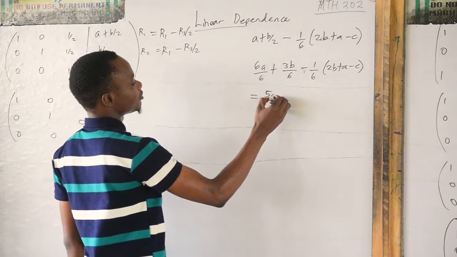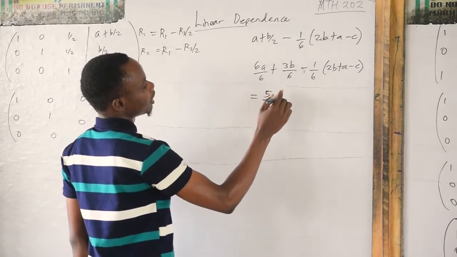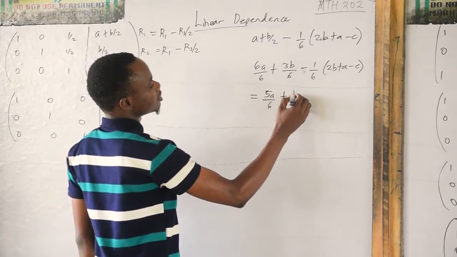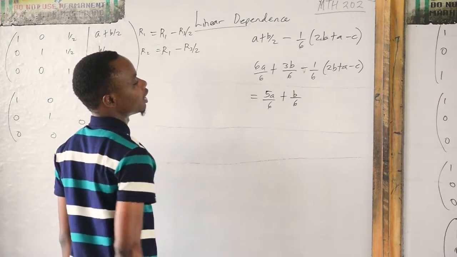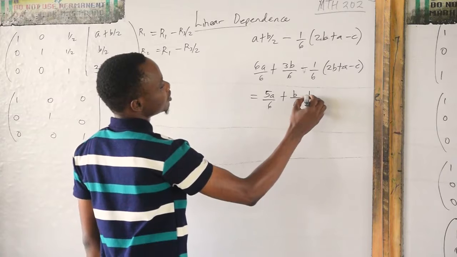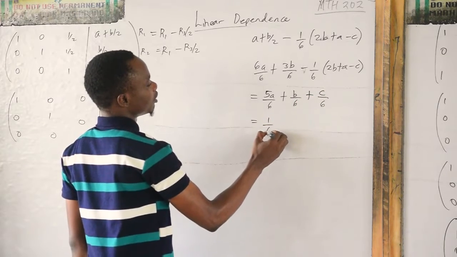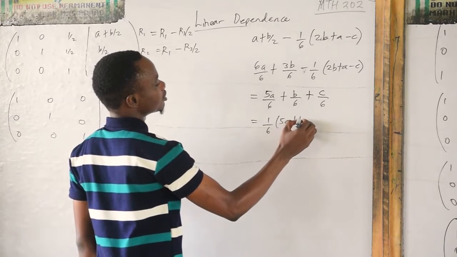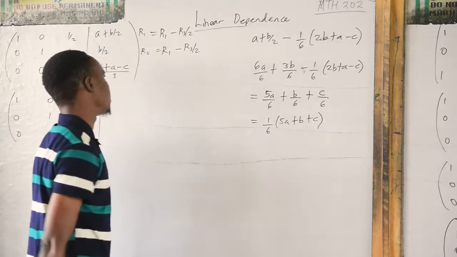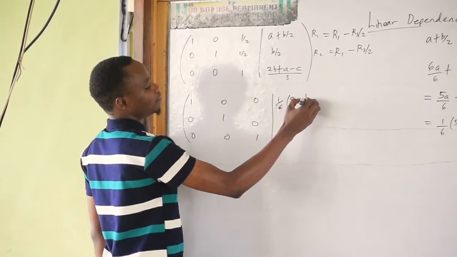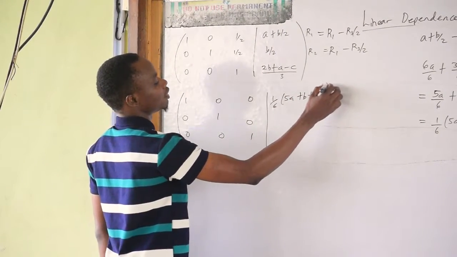So I'm going to have here 5A over 6. You get that? 3B minus 2B, that will be plus B over 6. Is it clear? And I'm going to have plus C over 6. So you're going to have it equal to 1 over 6 into (5A plus B plus C).